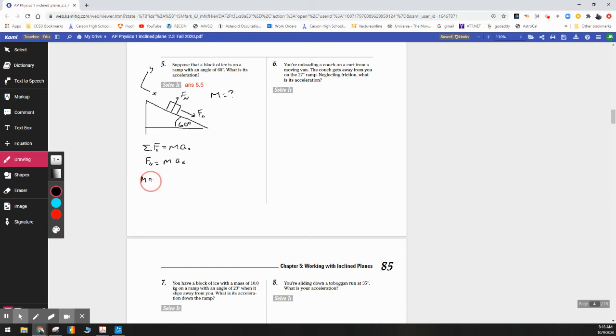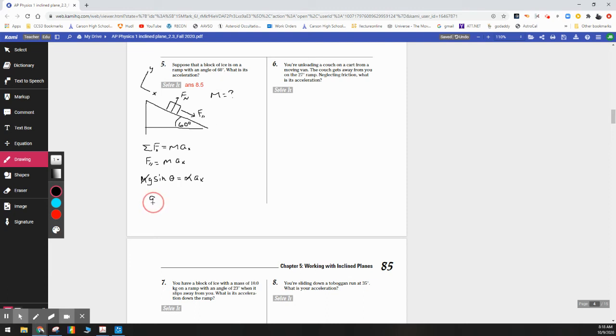It is mg sine of theta. And this is going to equal m a_x, like so. All right, there we go. Now we can see that the masses cancel out. So if you don't see mass, we don't need to get freaked out because it may cancel out later.